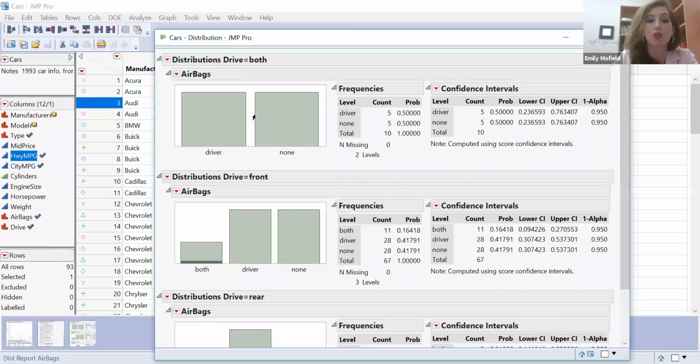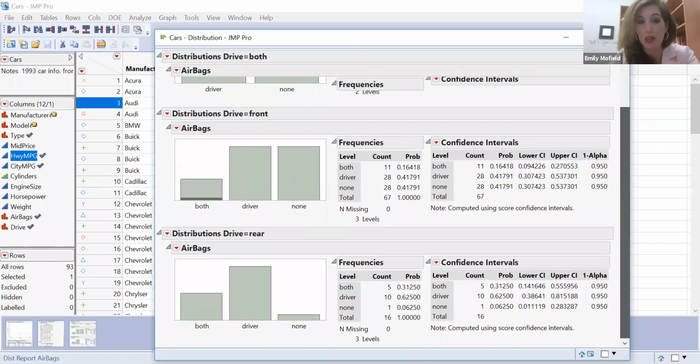For cars who have both rear wheel and front wheel drive, about their airbags, driver airbags versus none, this is going to give me counts for that. So this is showing me specific counts for each category, and that's also nice to look at. It gives me an idea of how many cars are in each category.